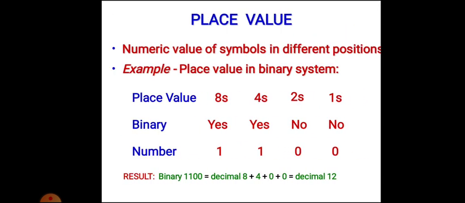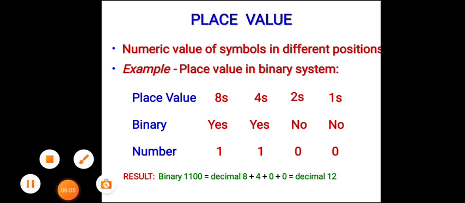Coming to next, we have to know the place value. Before going to learn conversions of number systems, we have to know the place value. See here, numeric value of symbols in different positions. For example, place value in binary system. See here, I will show with the pen.